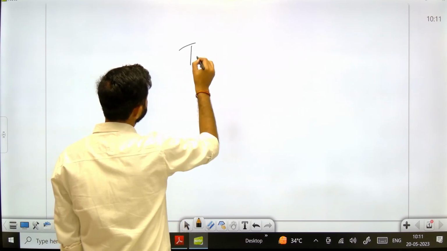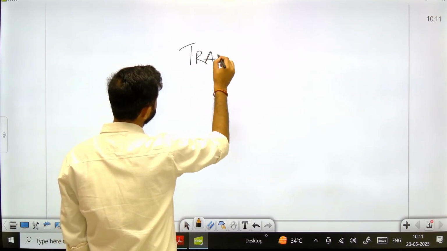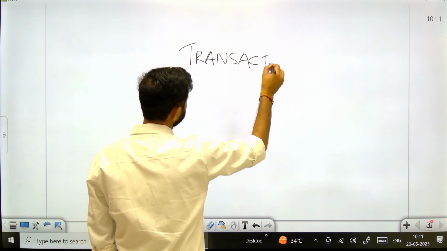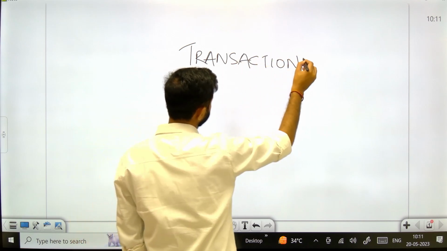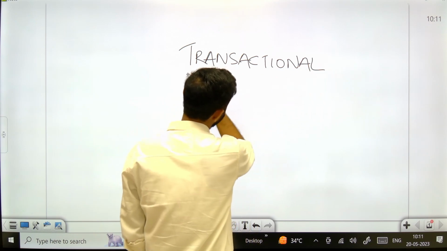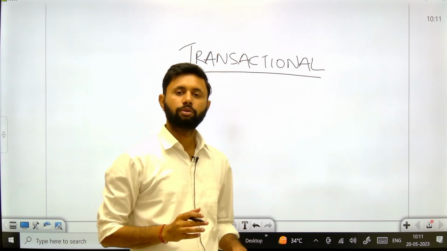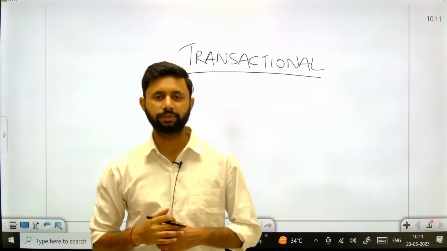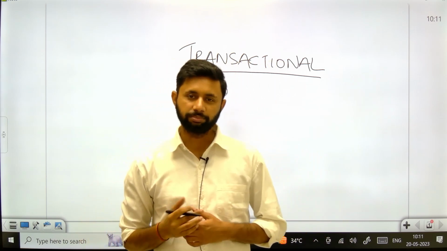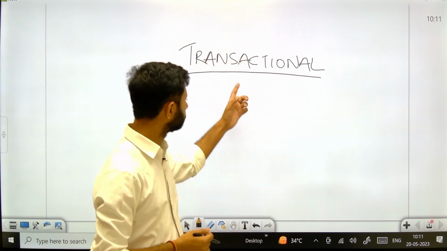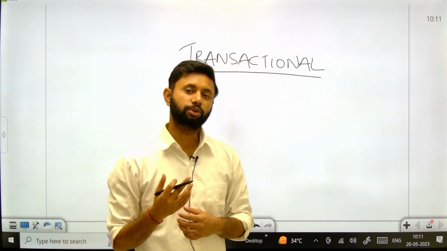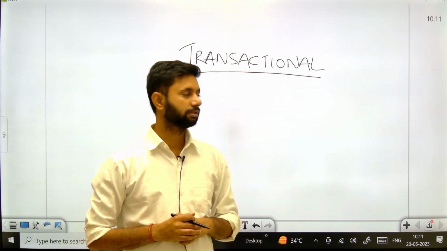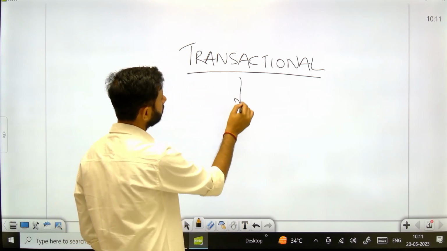First of all, transactional. All of you who have been reading newspapers for the civil services examination or the EPFO examination must have heard the term that the relationship between two nations has been transactional for decades. What do we really mean by transactional?